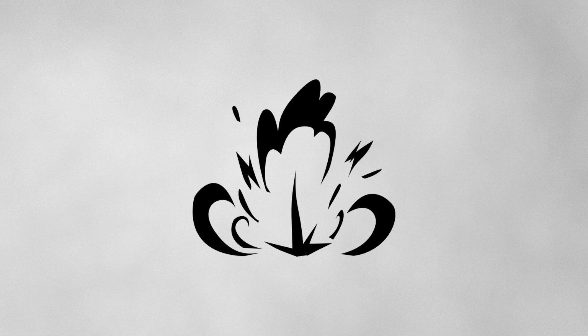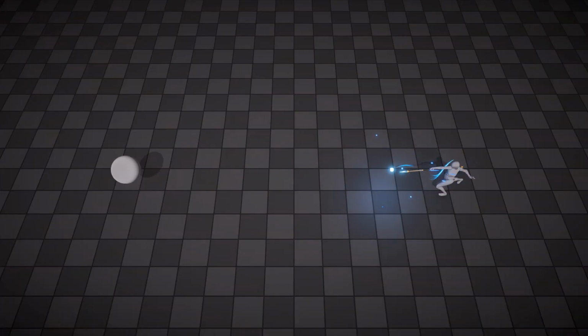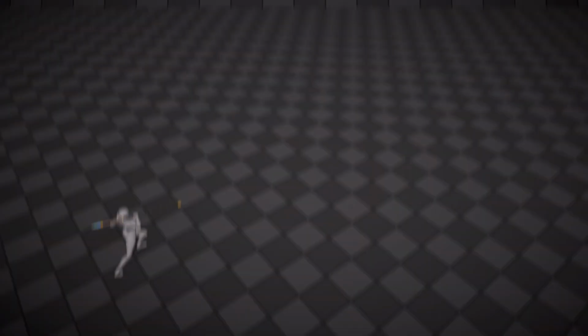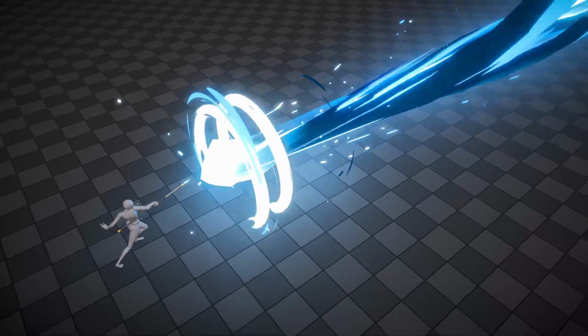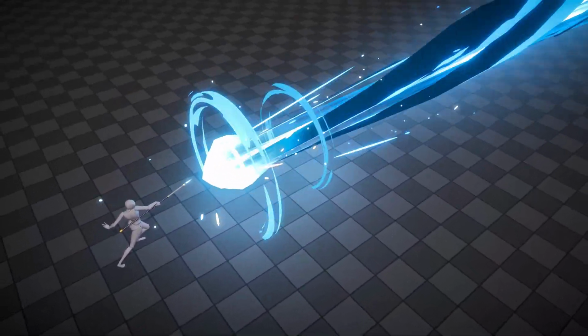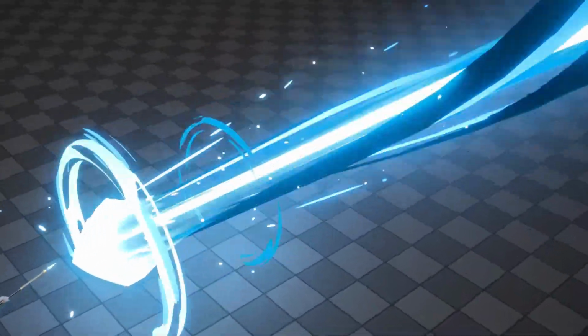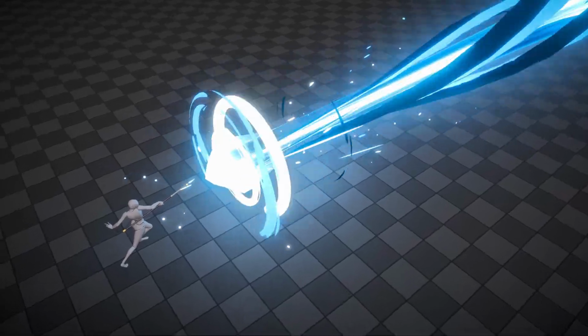But also consider that spells in themselves have their own power level. Take our simple projectile, for example, and compare it to, say, a more powerful attack like a beam. You might notice that the beam has more particles and brighter colors, and of course is way larger, indicating a more intense power level.